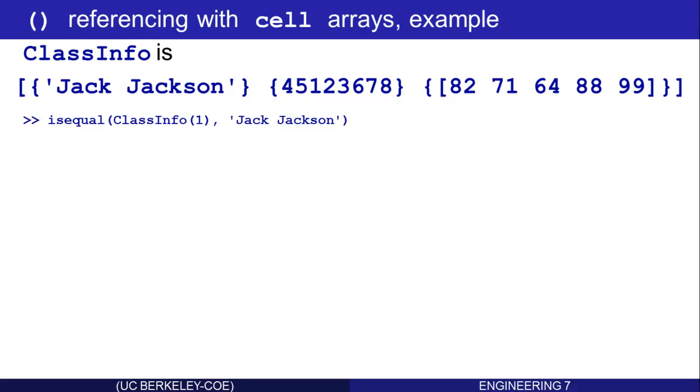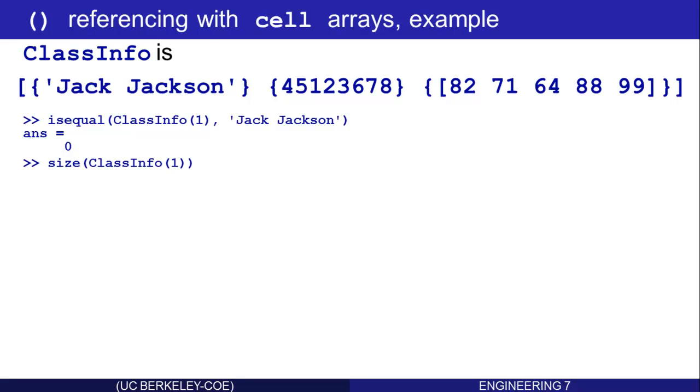If we refer to the first element, remember that we're actually getting the first element of the array, which is a container containing the character string Jack Jackson. So therefore this equality will return false, because classinfo(1) is the container whose contents is Jack Jackson, but it's not the character string Jack Jackson.